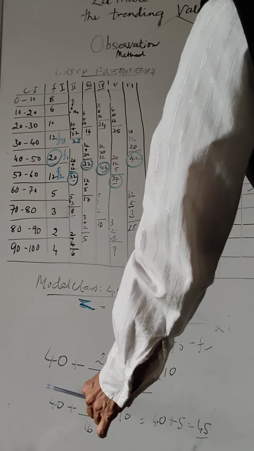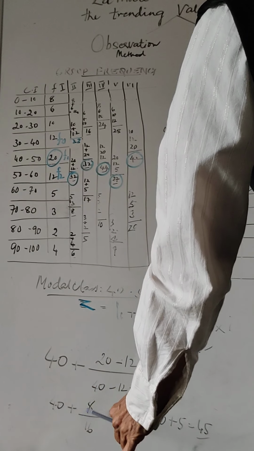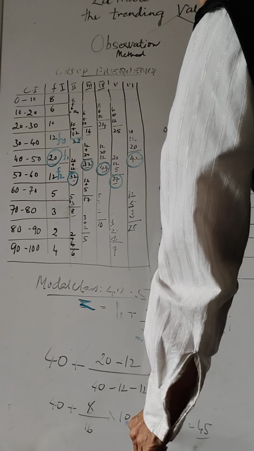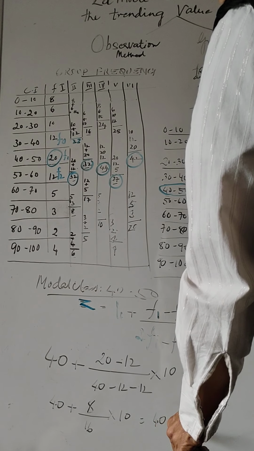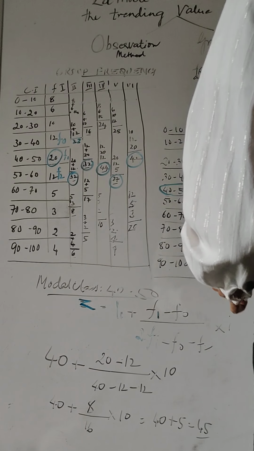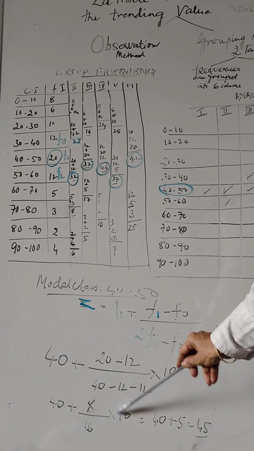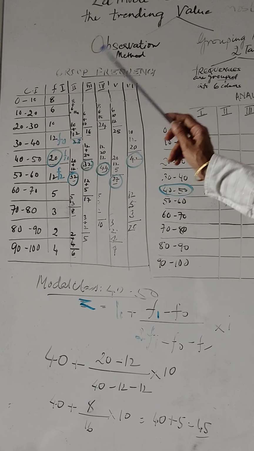So 10. That is how we work out. 40 plus 8 upon 16 into 10 gives you 40 plus 5, which is equal to 45. So in this, by observation, we follow this formula, and this is how we get it.